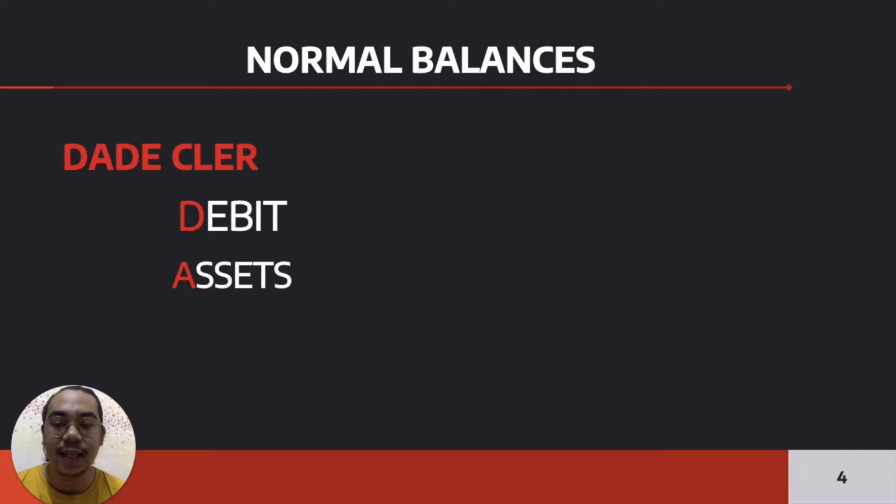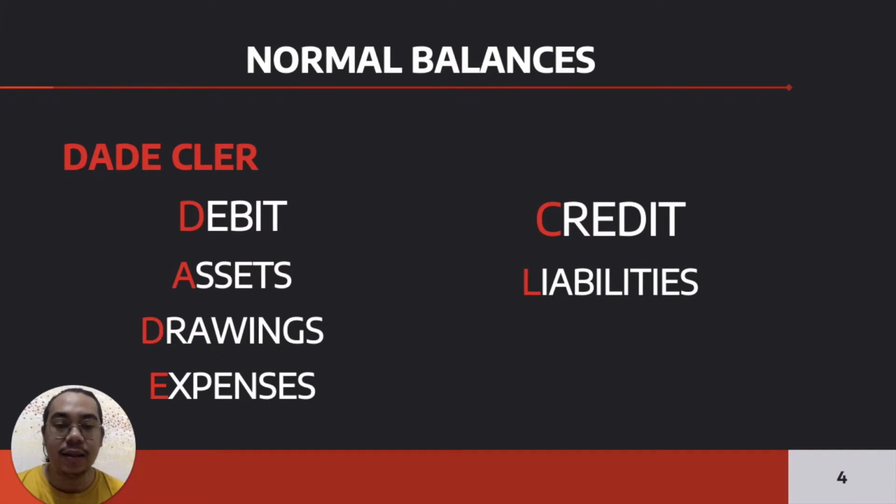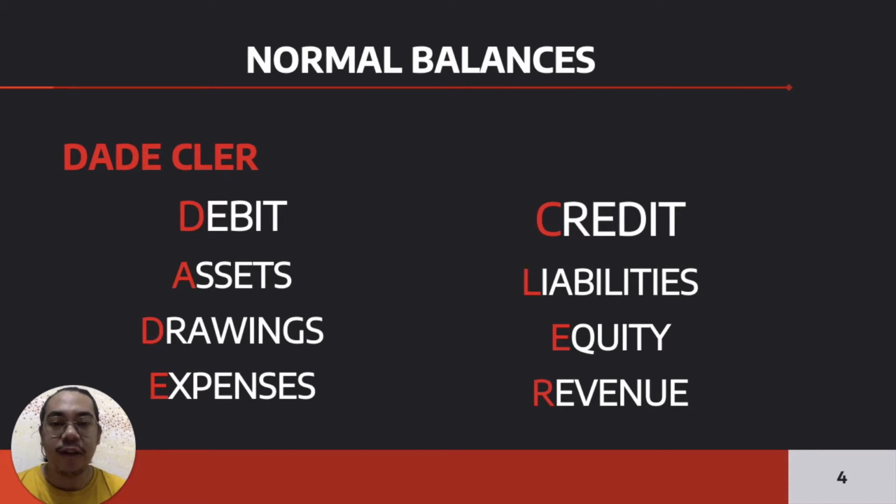A for assets, D for drawings, E for expenses. Para naman sa credit side, yung clear, C, credit. So, ano yung mga accounts na ang normal balances nila ay credit? L, liabilities, E, equity, at R, revenue.